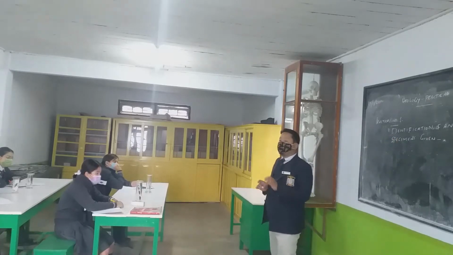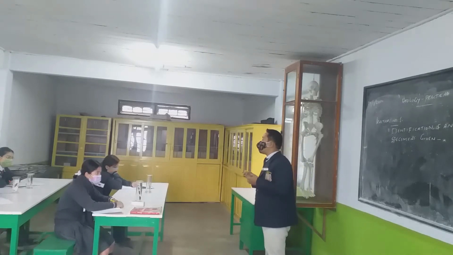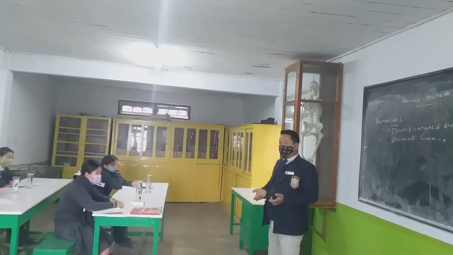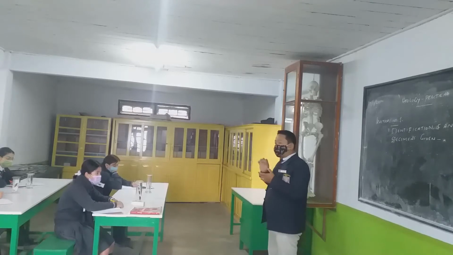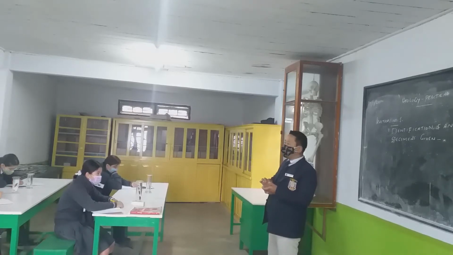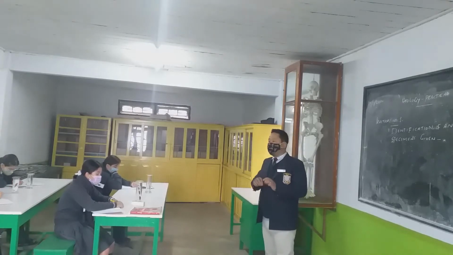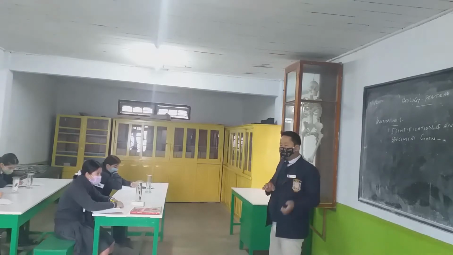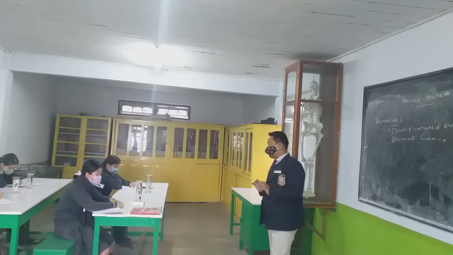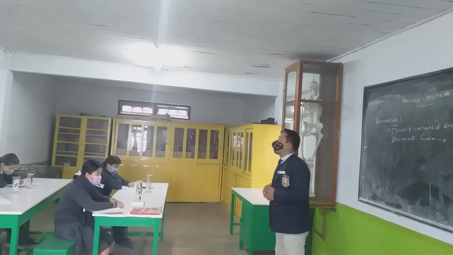Whichever specimens are provided to you, you try to identify them. Draw them nicely in your copy. Now you can roughly draw it, but after going home you will draw it neatly. Try to label them and identify them.